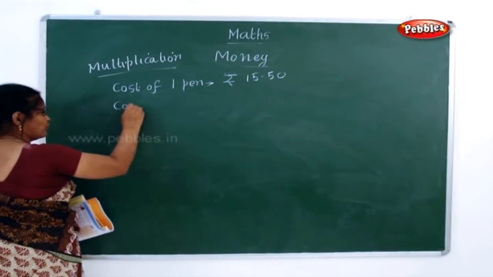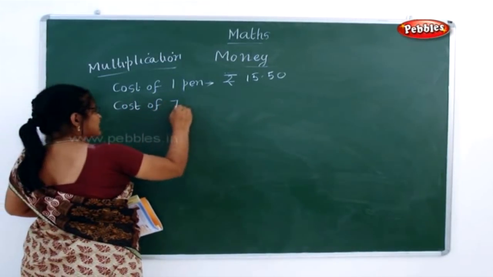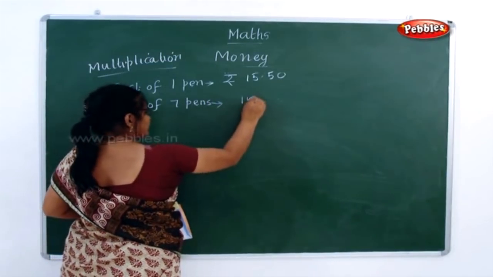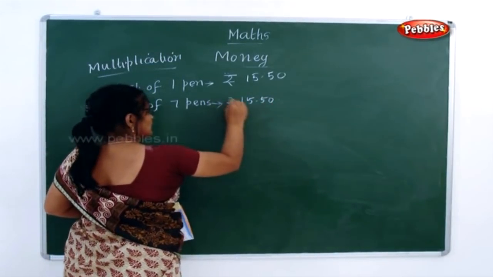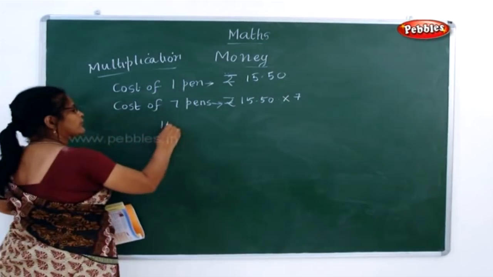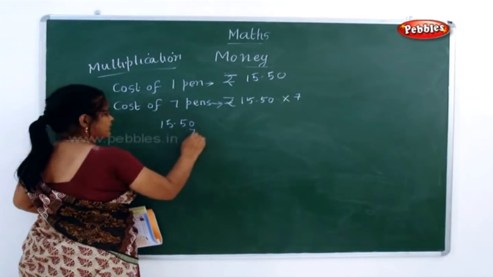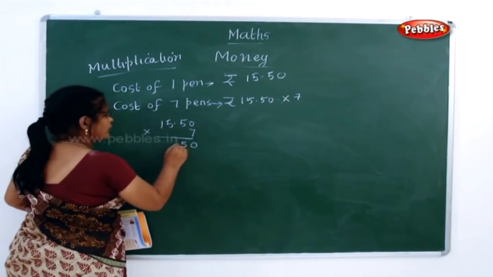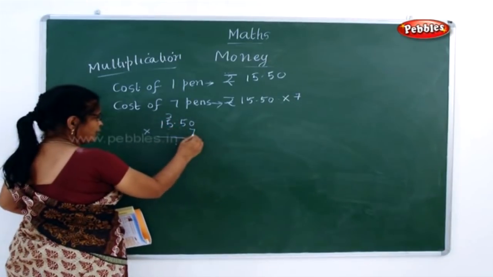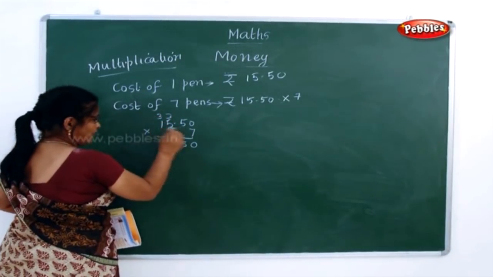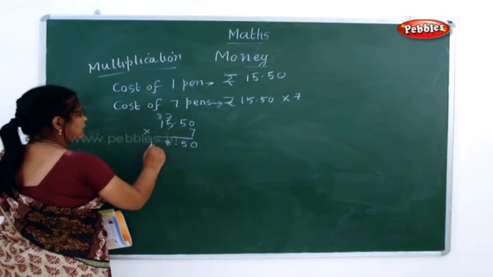So now what you have to do is cost of 7 pens. Now how will you write cost of 7 pens? Rupees 15.50 into 7. Now how will you do 15.50 into 7? 0 sevens are 0, 5 sevens are 35, 3, 35, 5 sevens are 35 plus 3, 38, 3, 1 sevens are 7, 7 plus 3, 10.